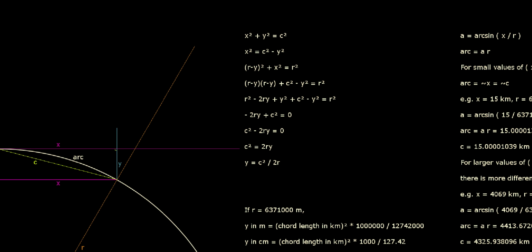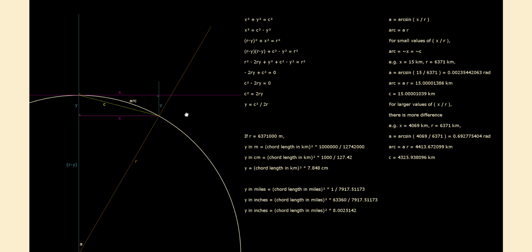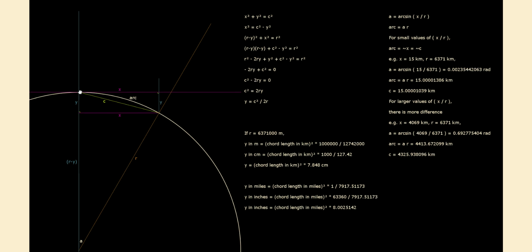From the centre down here, where there's an angle A marked between them, to the top there, you have this pale blue vertical line. You have this orange radius extended beyond the circumference out here, passing through that point. You have a purple tangent to the circle at this point.